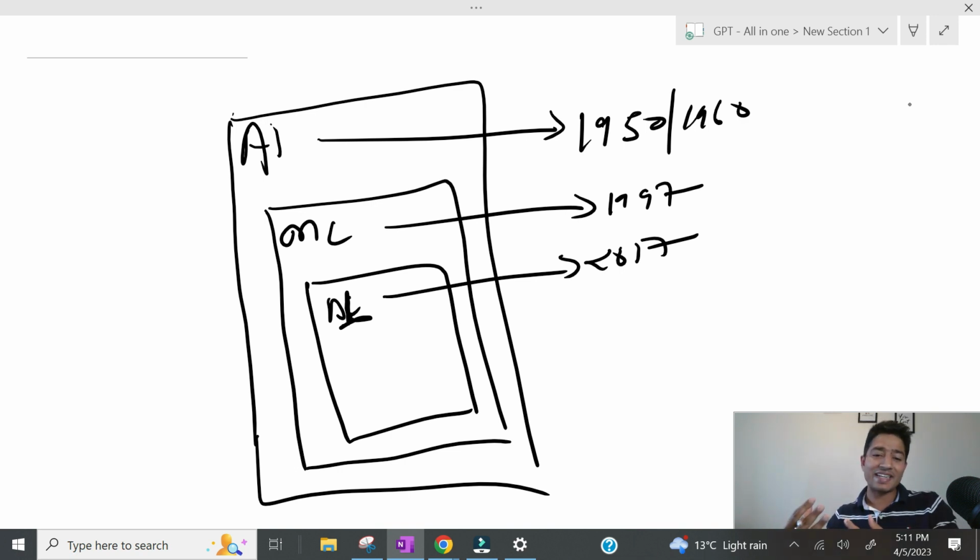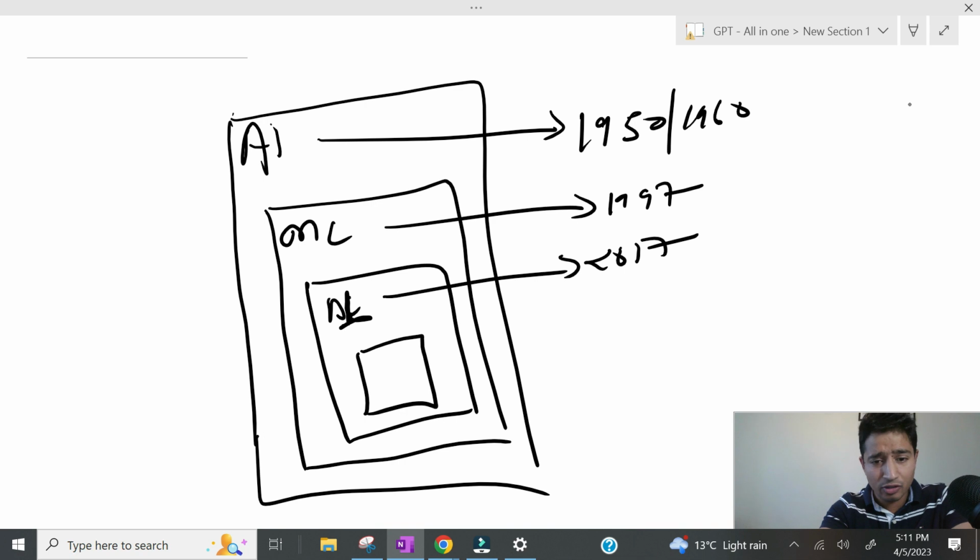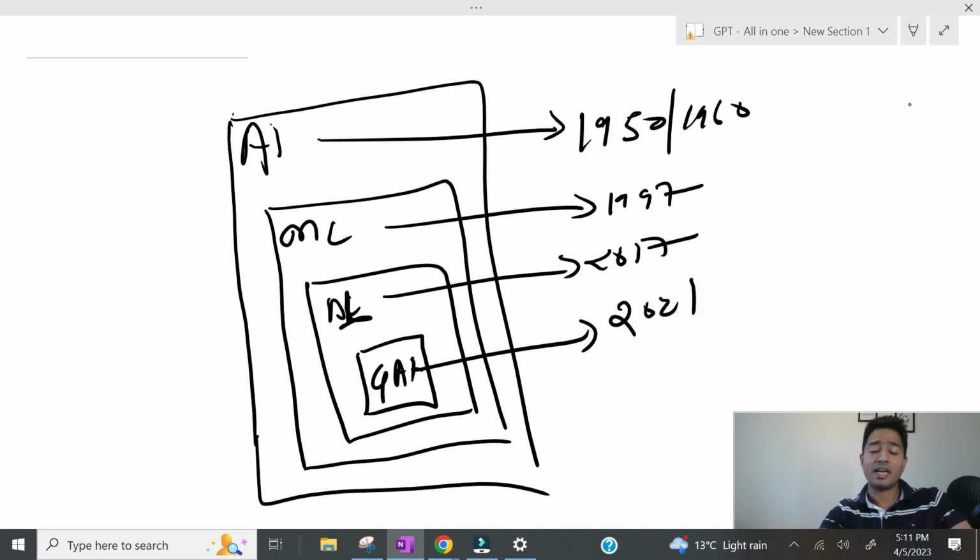So what scientists did, they tried to mimic the working of the brain in the form of a deep learning network, right? And I'm not covering deep learning here because we will be talking about deep learning as part of generative AI. Now the most recent development is generative AI, which came into existence around 2021, and GPT, ChatGPT is all part of it.